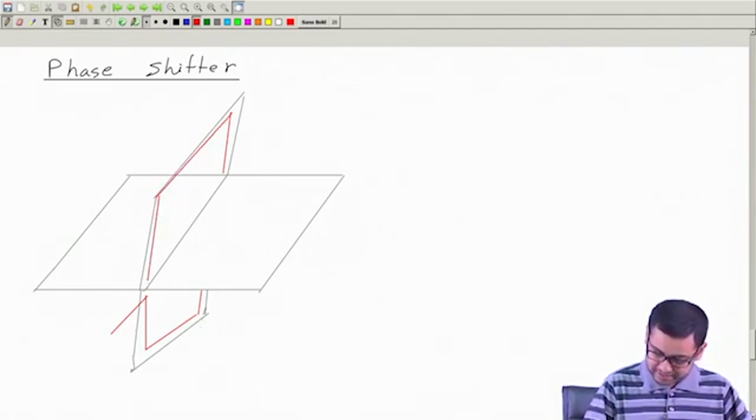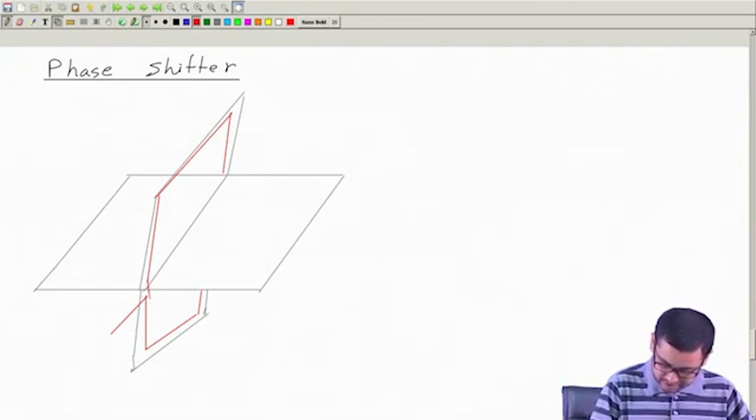So, this is one complete turn of this coil. If you want, we can have more turns. Now we have two turns.